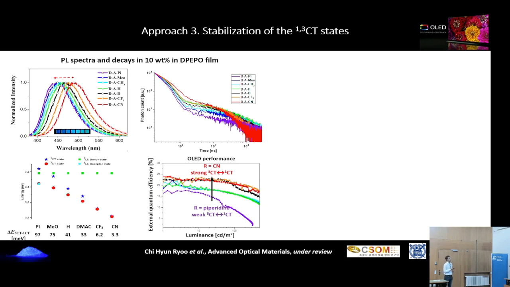For a long time we could not explain why these materials, which are the best ones, are more distant from the LE state, which had really high energies, but these materials had the highest PLQY, the shortest delayed fluorescence lifetime, and also the lowest efficiency roll-off, so they were one of the best in our lab.